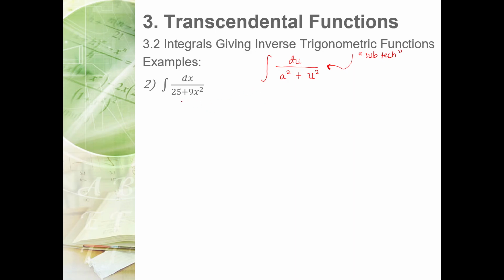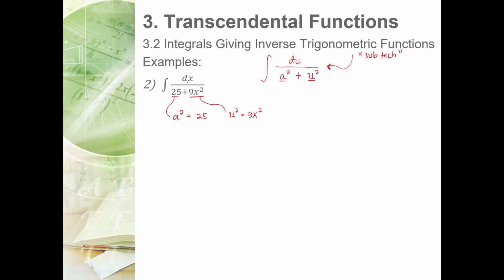Okay, so a squared. So notice again that we have a constant. So this one is our constant. So a squared is equal to 25. Next is our u squared. So u squared is equal to 9x squared.